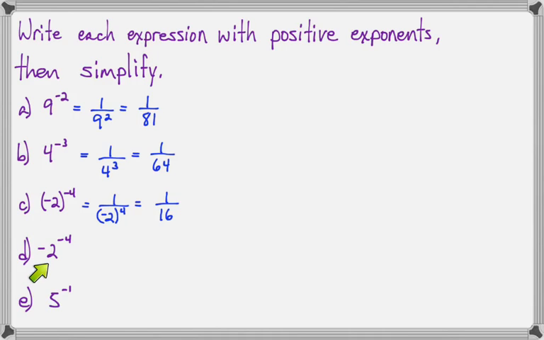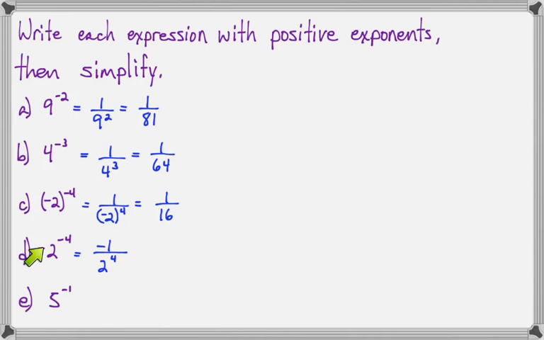Now, if we have no parentheses, remember we've encountered this before. If we don't have parentheses, this negative is not included in the base. We saw that back in chapter 1. So if we move the base to the denominator, the negative 1 will stay in the top, but the 2 to the 4th will be in the bottom.